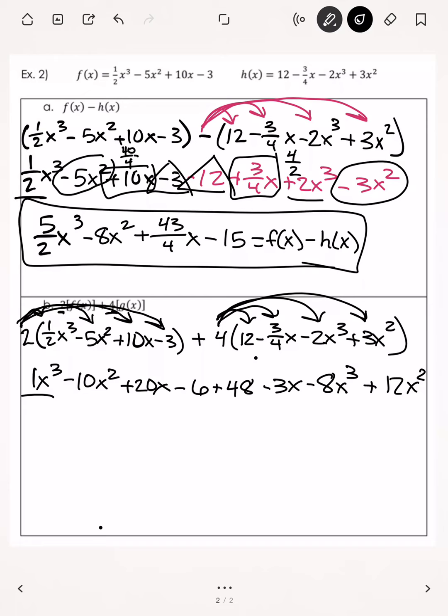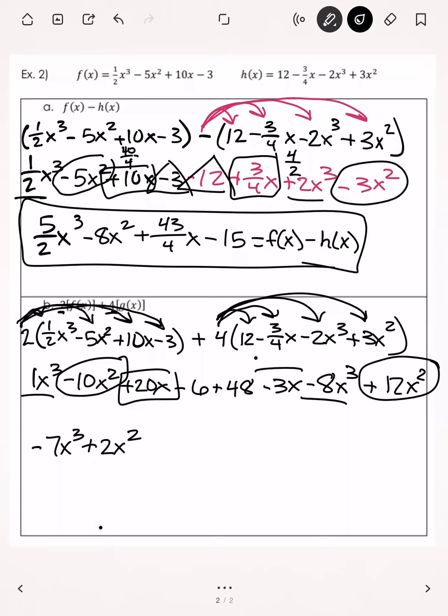Combining my like terms, I have a 1x cubed and a negative 8x cubed that turns into a negative 7x cubed. A negative 10x squared with a positive 12x squared, so positive 2x squared. 20x and a negative 3x gives me a 17x.